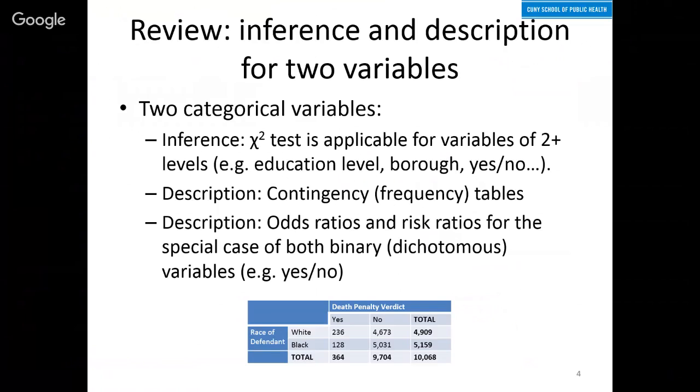So the chi-squared could be calculated for any contingency table, but risk ratios and odds ratios could only be calculated for 2x2 tables. And when you calculate odds ratios and risk ratios, you do think of a dependent and an independent variable. The independent variable or the predictor would be the one going into the ratio that you're calculating, and that would be the effect of the predictor variable on your response variable.